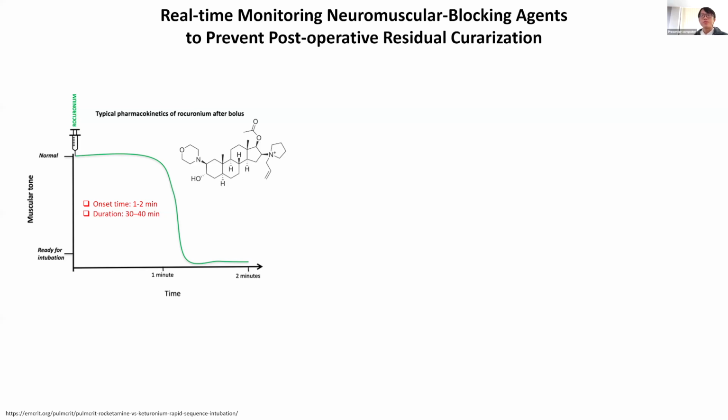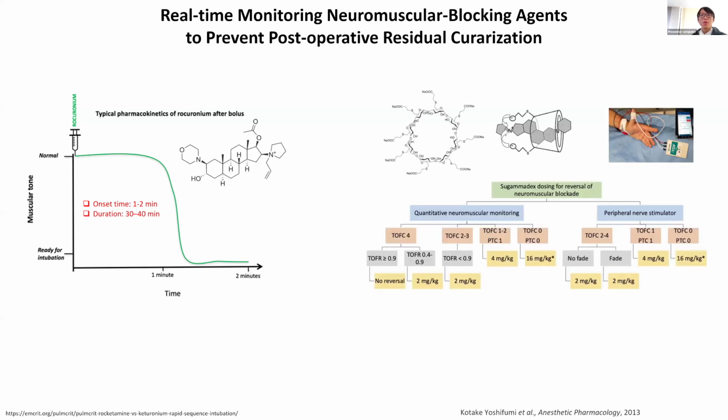To prevent this side effect, we typically use a molecule called sugammadex, which is the antidote of rocuronium. The antidote will encapsulate the rocuronium structure, and in reality, determining when and how much antidote we should inject into patients is very challenging.